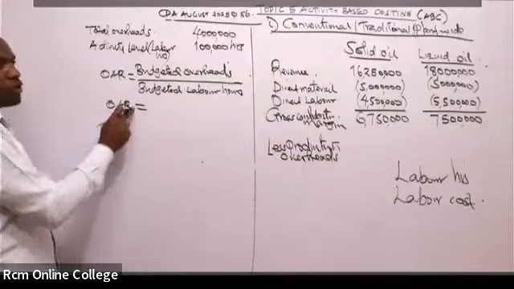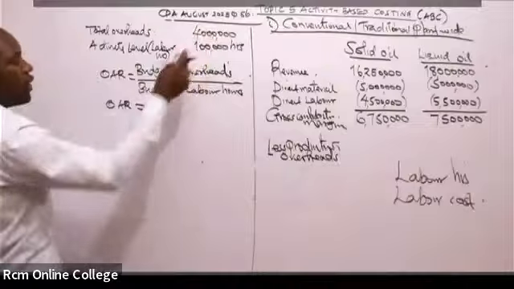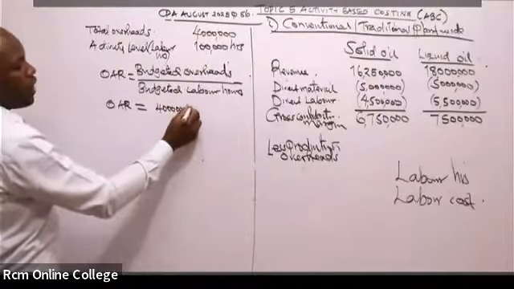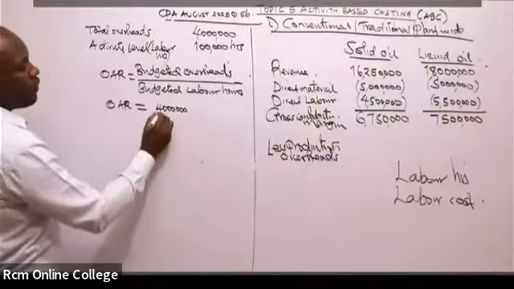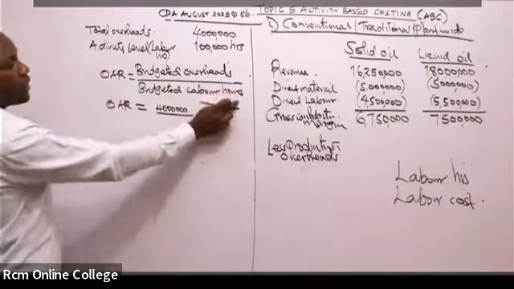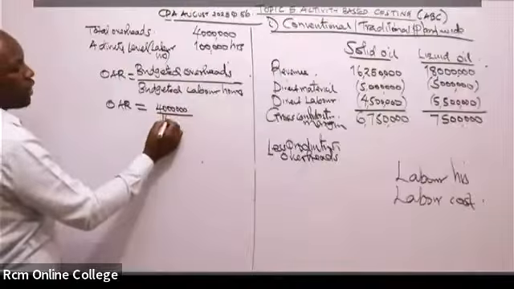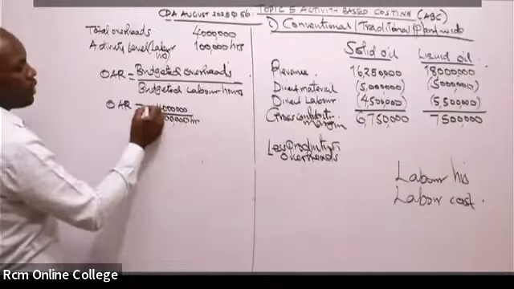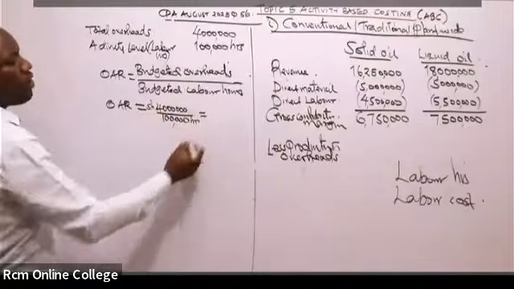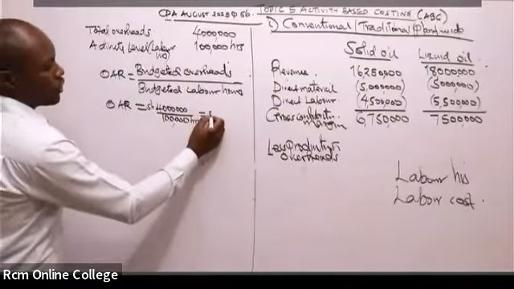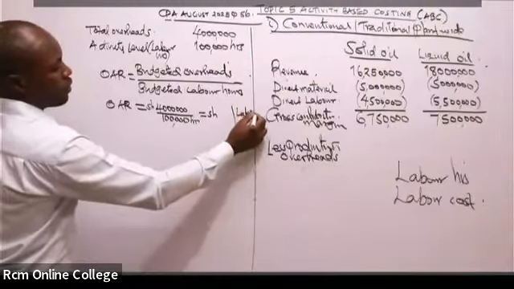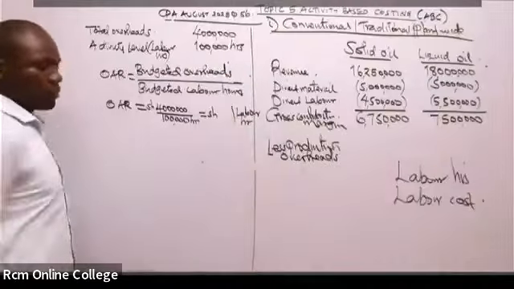Overhead absorption rate is equal to budgeted overheads, the 4 million, divided by budgeted activity level, which is labor hours, 100,000 hours. And this one is in shillings. What is our overhead absorption rate? It is shillings per labor hour.